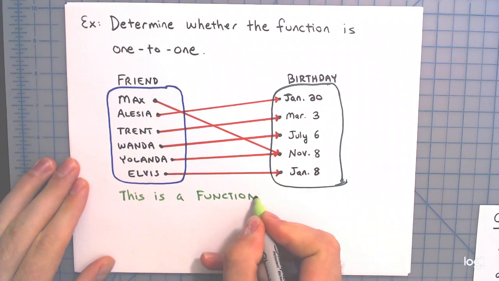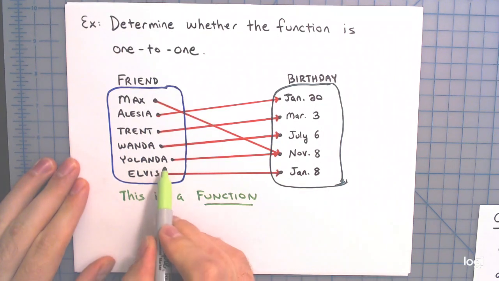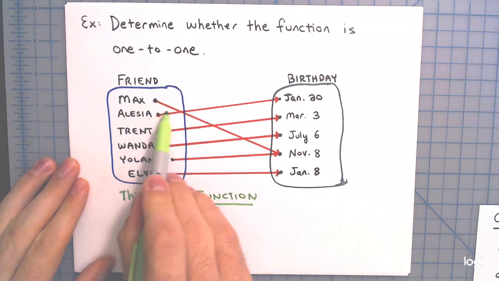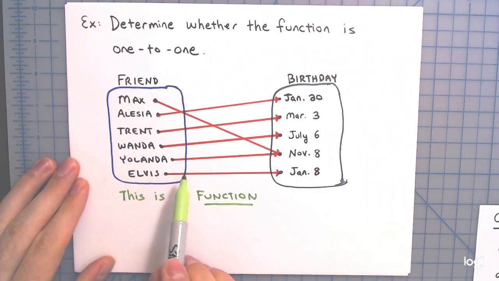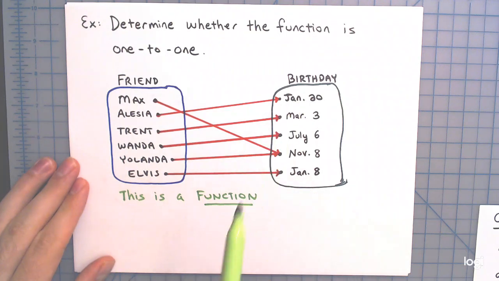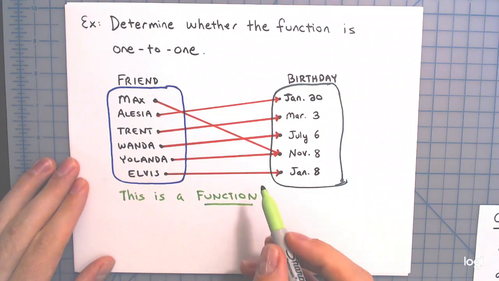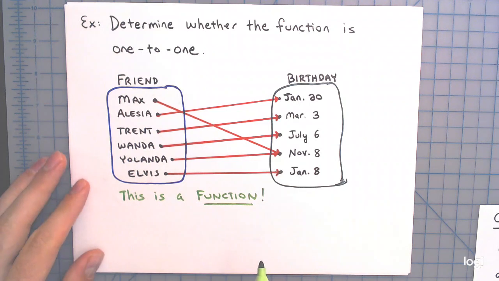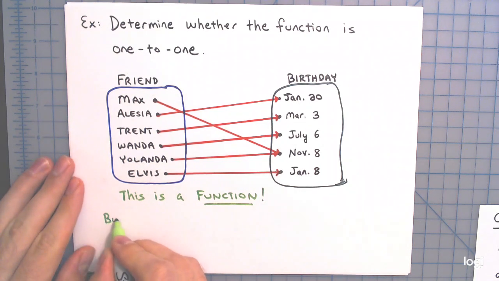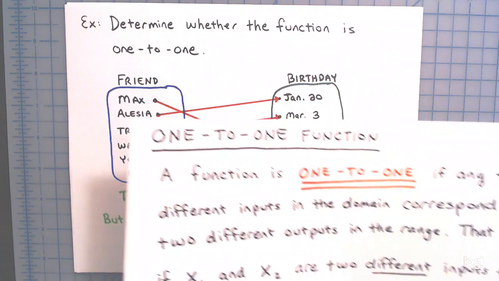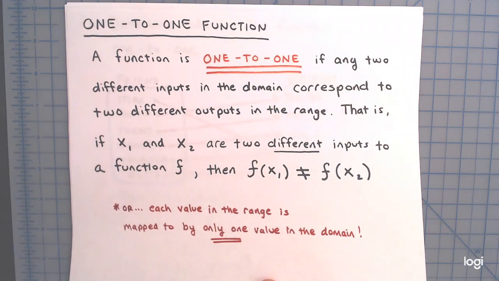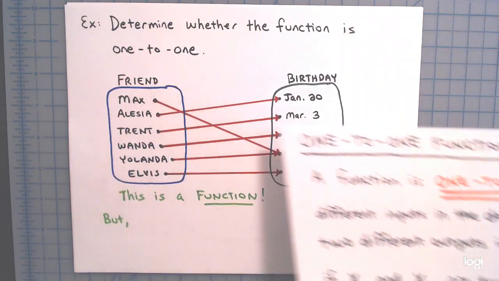Because look, every value of the domain only has one arrow coming off of it. Every value of the domain corresponds to exactly one value of the range. So it is a function. We're still looking at functions. But by this definition, it is not a one-to-one function, and I'll explain why.